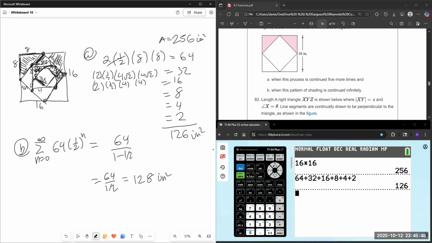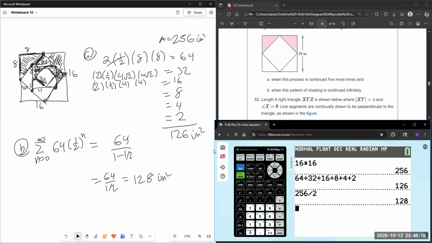Look at how close that's getting already just by only going 6 iterations here. We're getting really close to what the actual sum is, but you might have guessed, because we're taking 2 of the 4 triangles that are formed from this, that we should be getting half of the total area, and the total area was 256, and half of 256 is 128.